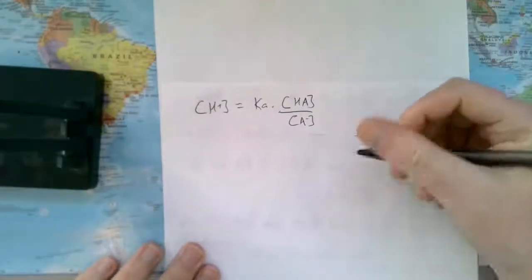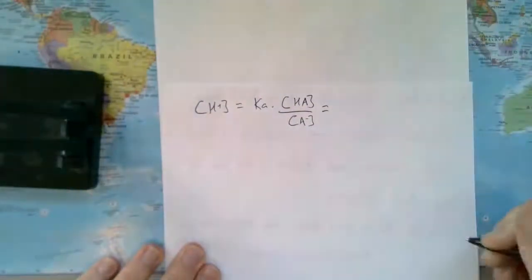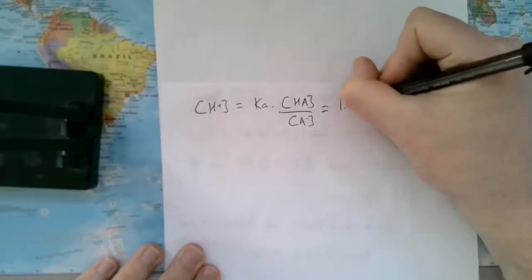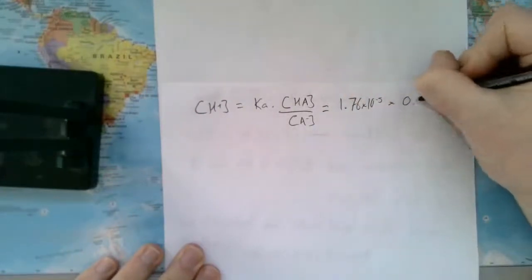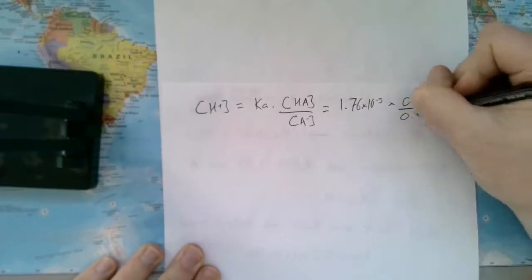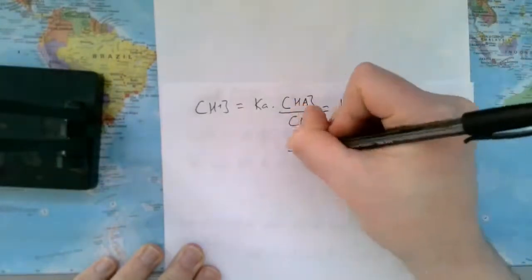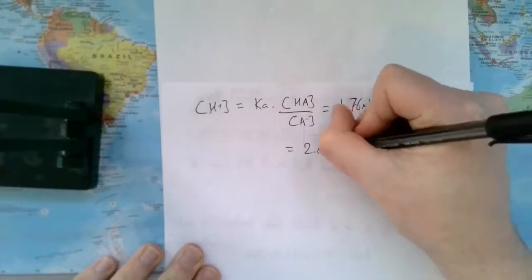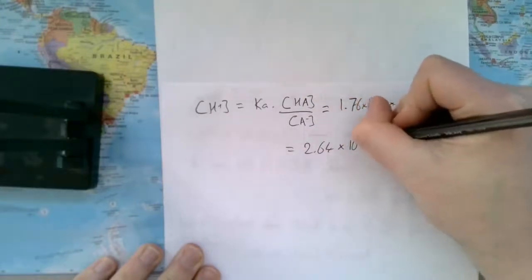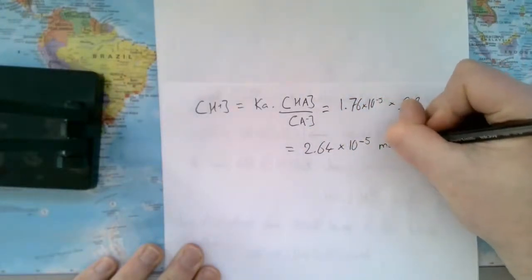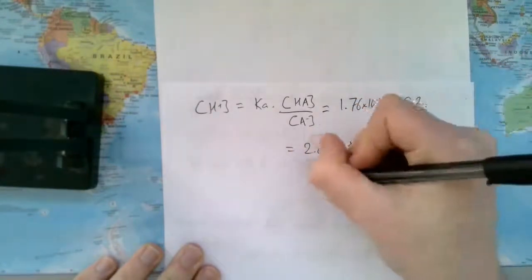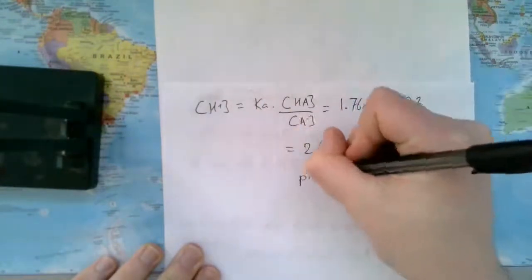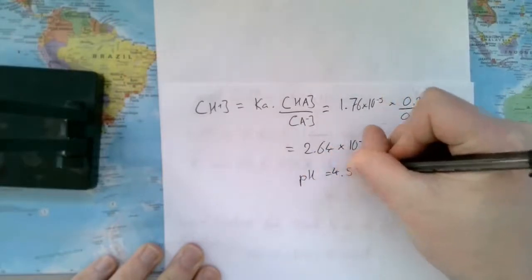To save you time whilst I do this on the video, I have put HA, but we've got 1.76 times 10 to the negative 5 times by 0.2 divided by 0.13 recurring gives us 2.64 times 10 to the negative 5 moles per decimeter cubed, and the pH from that is going to be 4.58.